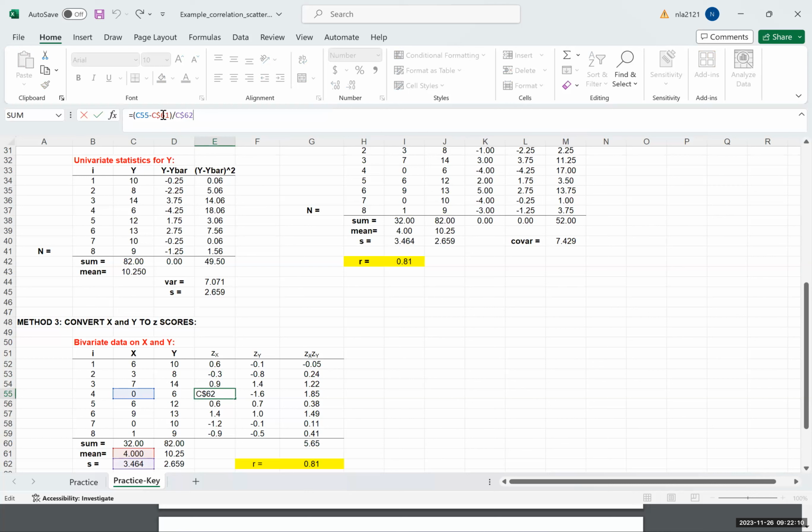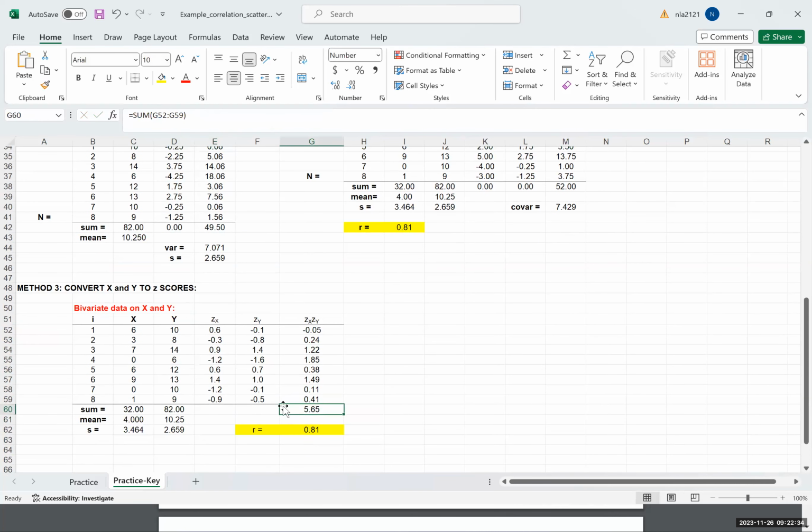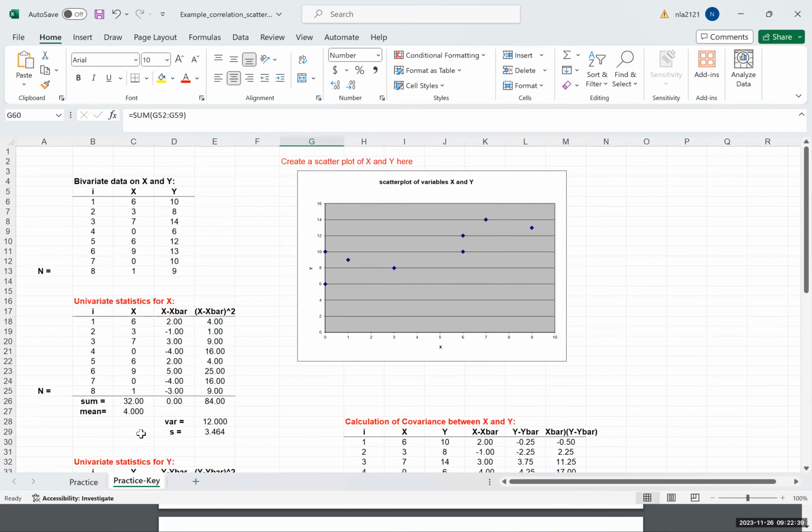I'm always locked in, and you add a little $ sign in front of the mean and standard deviation here to lock them in. So you can also just type out -4 divided by 3.464. So again, it should be really just a minute to create these z's. Then you're just multiplying them, sum them up, divide by n-1, and that's a third method to compute the correlation between x and y.